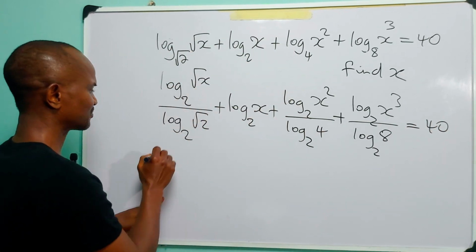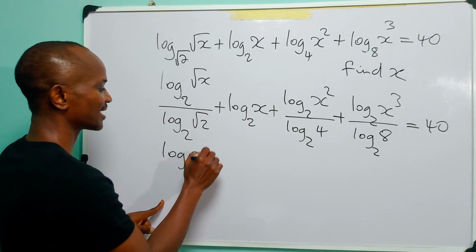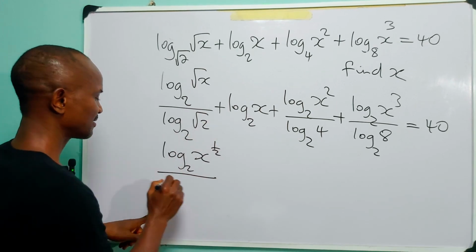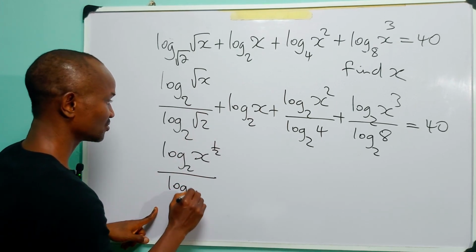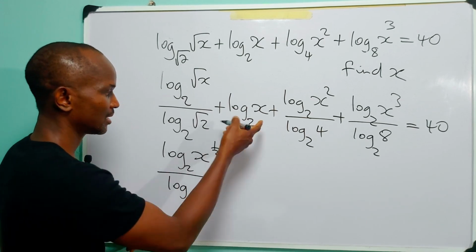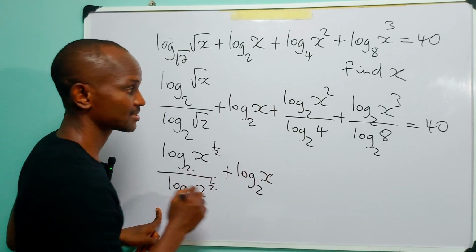Now we know that we can express this as log base 2 of x raised to power half, and the same here, we have log base 2 of 2 raised to power half. We have log base 2 of x.